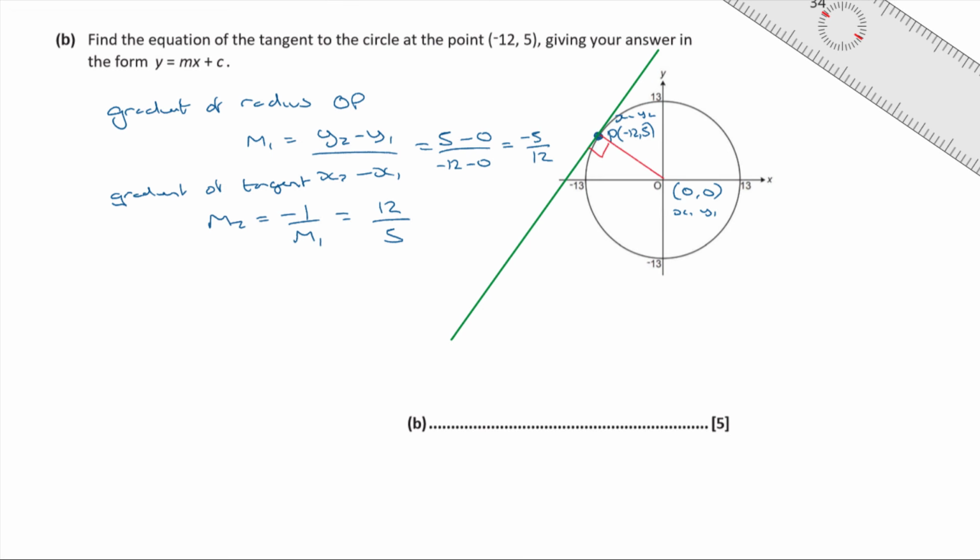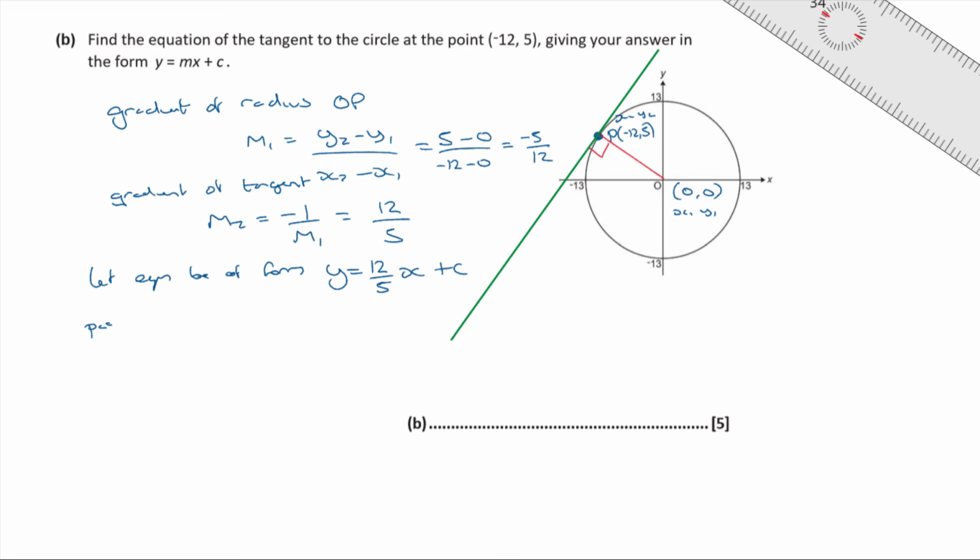Okay, so I'm going to let the equation be of the form y equals mx plus c, where c is the y-intercept, but I've already found m is 12 over 5. So it's going to be the form y equals 12/5 of x plus c. Now I just really need to find c to finish off this equation, and I can use the point that it passes through, minus 12, 5, to help me.